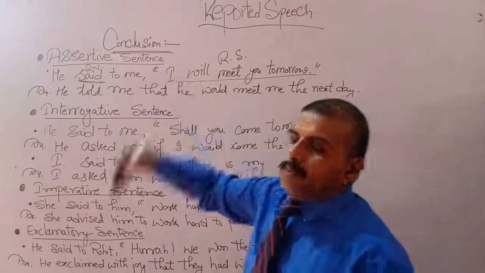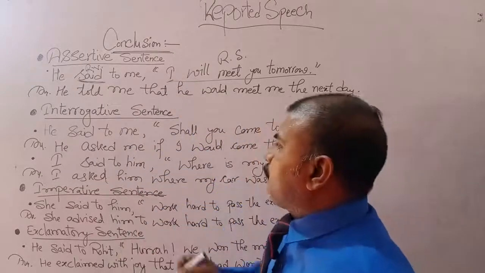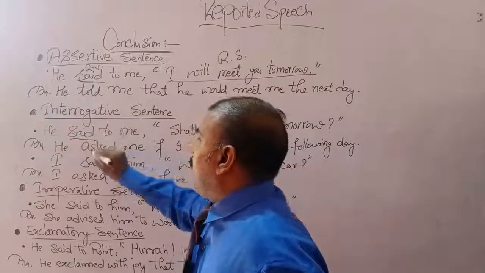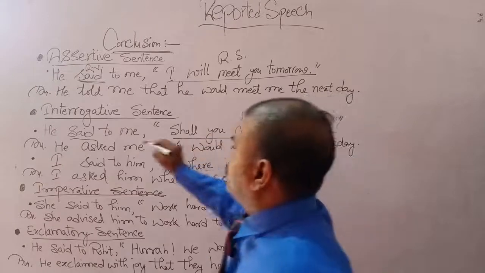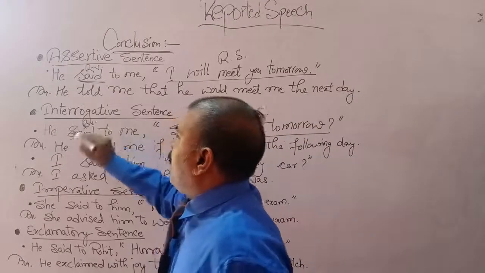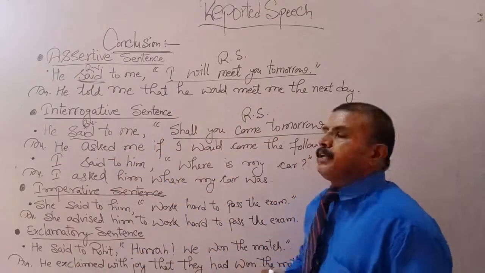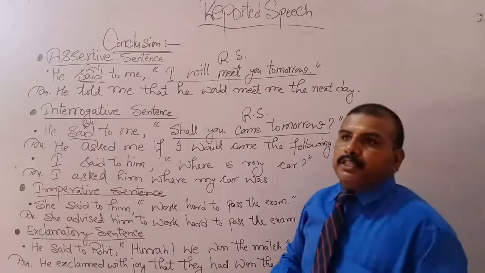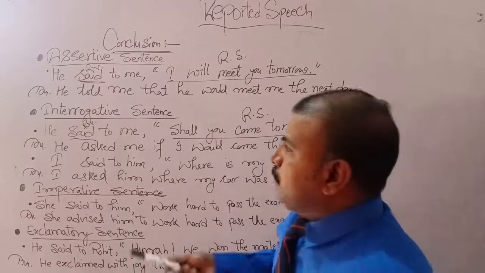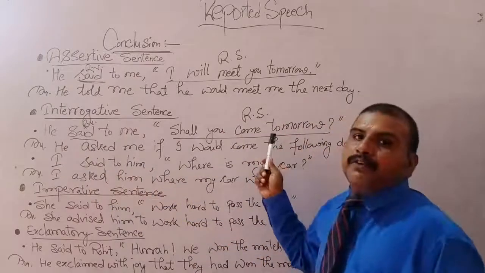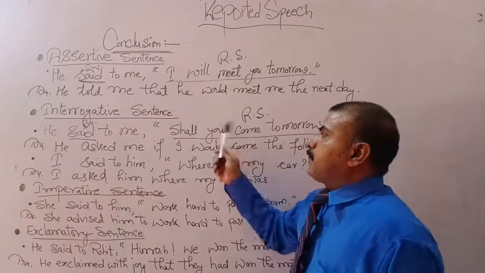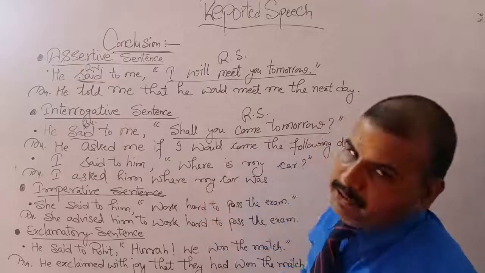So the same steps we have to follow. First, identify the reporting verb and the reporting speech. After identifying the reporting verb and reporting speech, we will look at the change of tenses. So the reporting verb is in the past tense and the reporting speech does not reveal any fact or truth, which means we have to convert this to the relevant past tense.